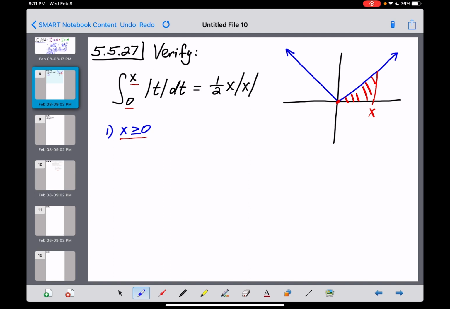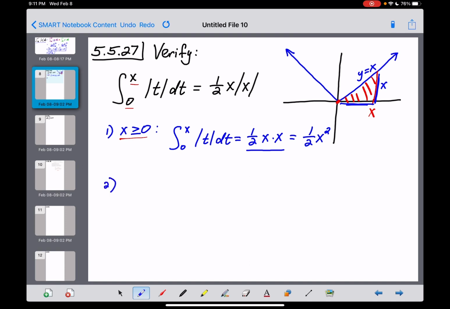So in that case, the integral from 0 to x of the absolute value of t dt is the area above the x-axis of this region, which would be 1/2 times your base, which is x, times your height, which in an absolute value graph, this is really the line y equals x, is going to be x as well. So it's 1/2 times x times x. Now, any one of us would look at that and say that's going to be 1/2 x squared, which it certainly is, but I have a feeling we might need that expression in just a minute.